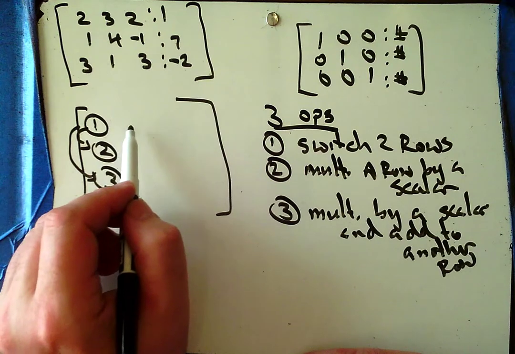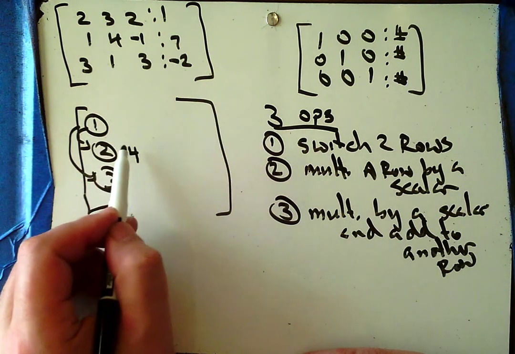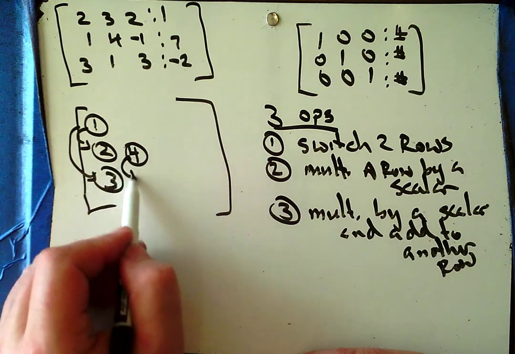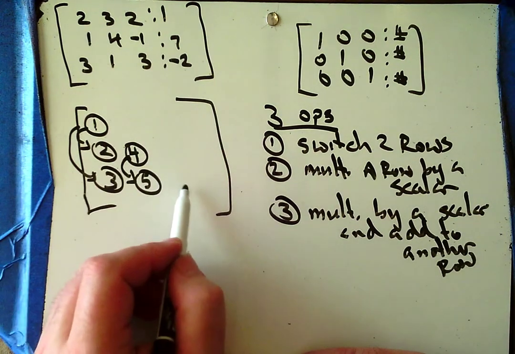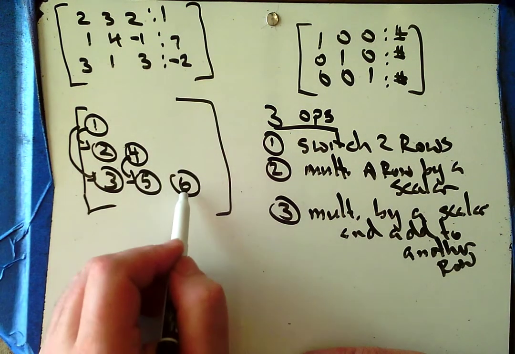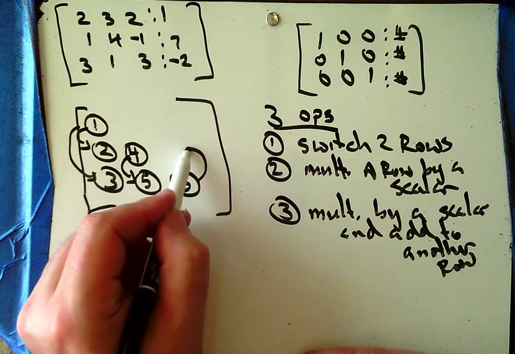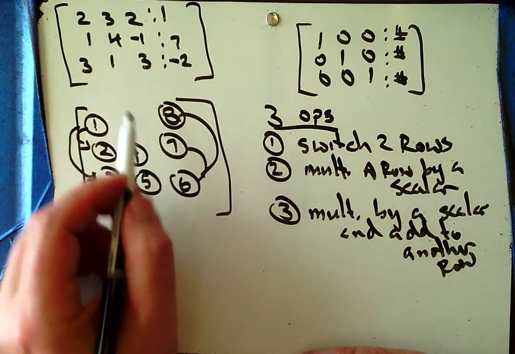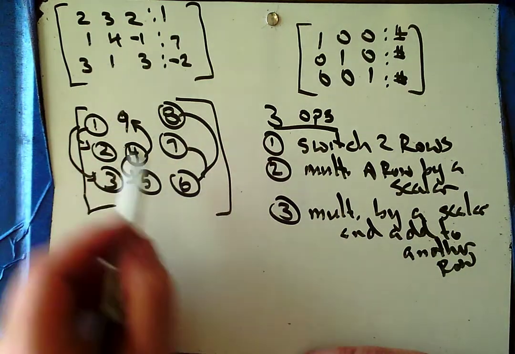Then come over here and turn this thing into a 1. And then use this to turn that into 0. Finally, jump down here and turn this into a 1. Once we've turned this into a 1, come up to these spots and turn them into zeros, and then use this to turn this into a 0.